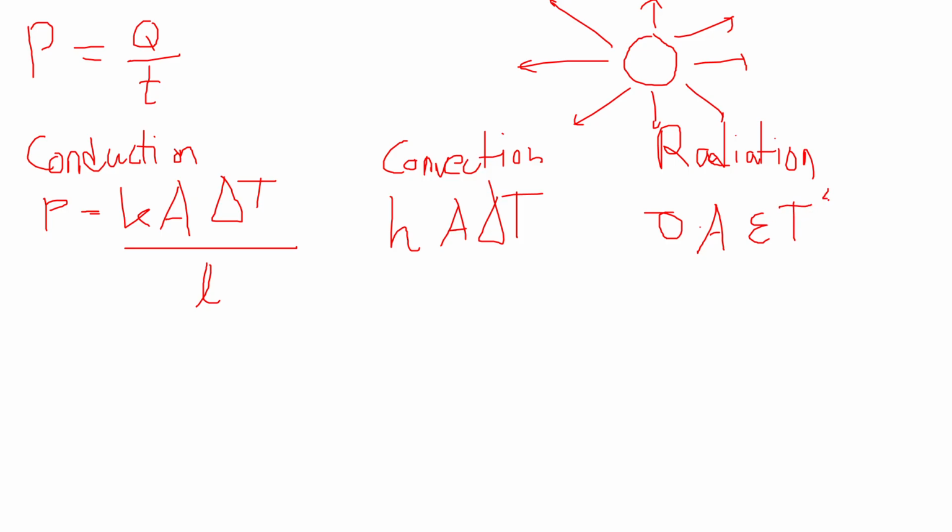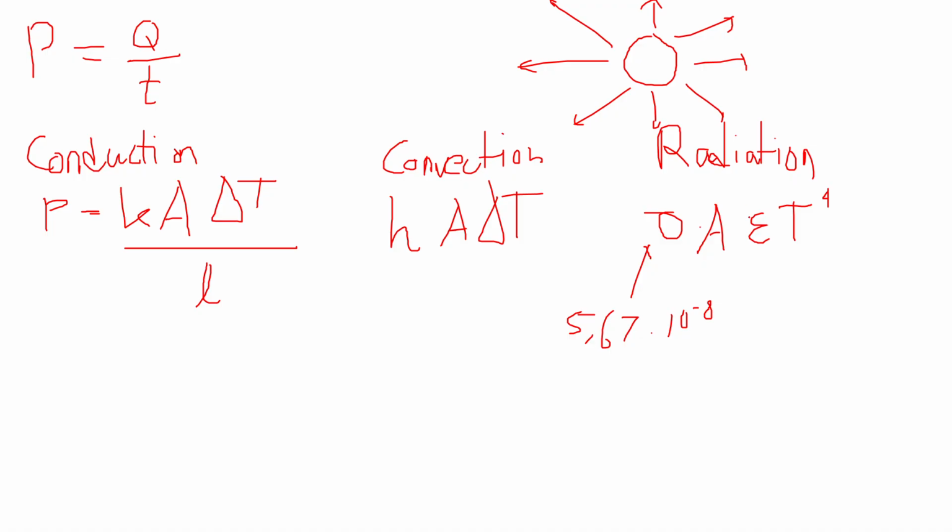Multiplied by e, or epsilon, multiplied by T to the power of 4. Sigma is the Stefan-Boltzmann constant of radiation. What is it equal to? Hold on, I need to Google this one. It is 5.67 multiplied by 10 to the power of negative 8.